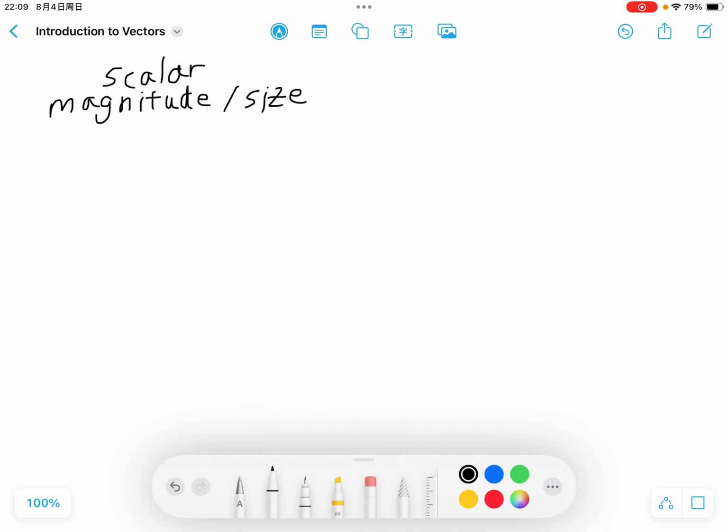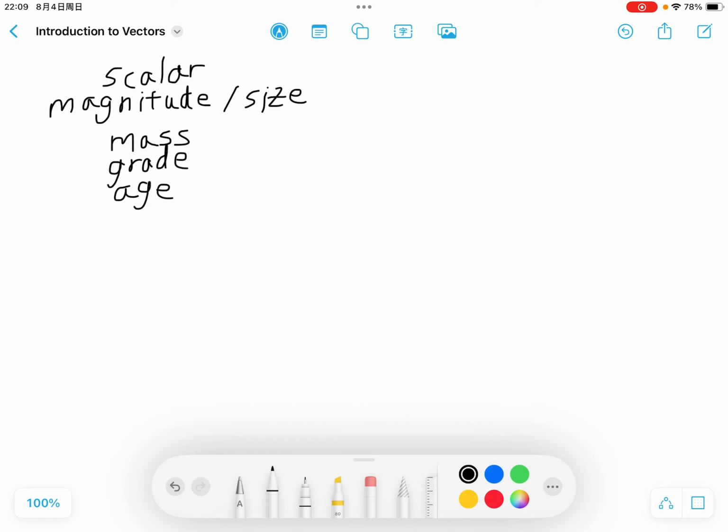And for example, I'm going to give a few examples of scalar quantities, such as mass, your grade, the grade you get in class, your age.